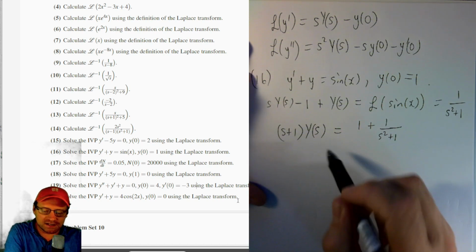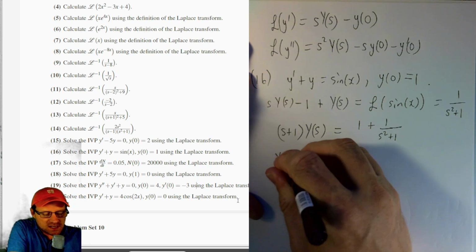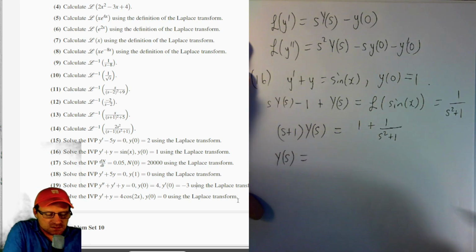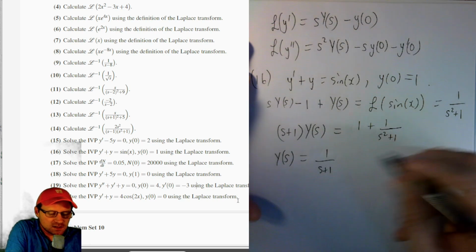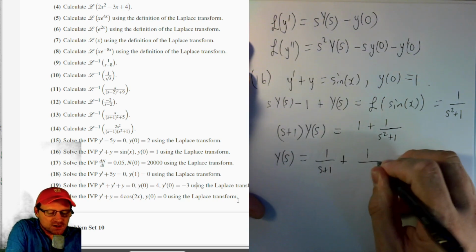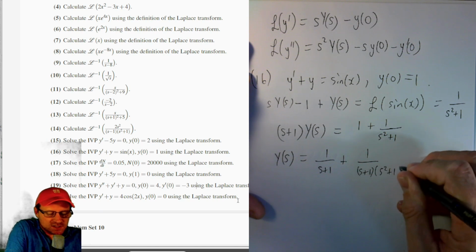Okay, and so now we need to divide throughout by s plus 1 to get Y(s). So Y(s) is 1 over s plus 1 plus 1 over (s plus 1)(s squared plus 1).